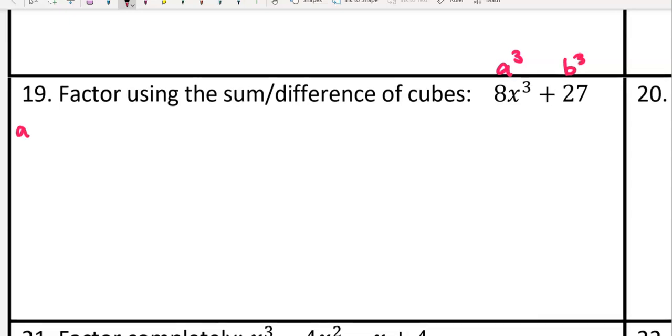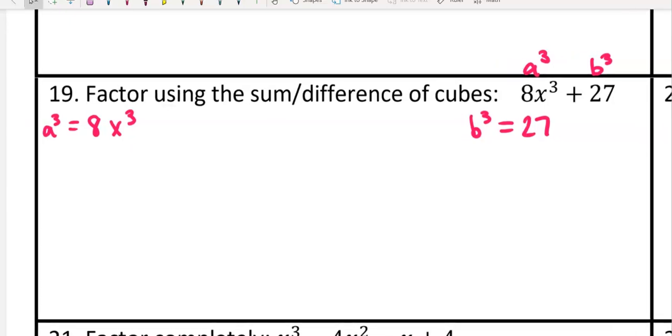So if we have a cubed equals 8x cubed and b cubed equals 27, we need to solve for a. So to solve for a, we would take the cubed root of all the terms here. Cubed root of a cubed is just a.